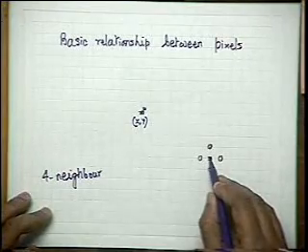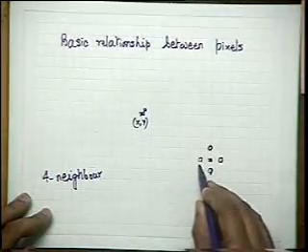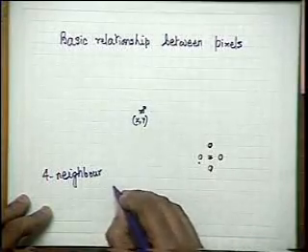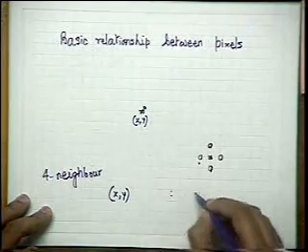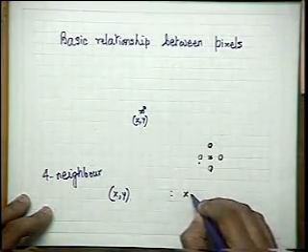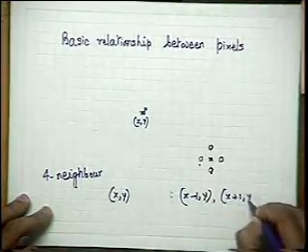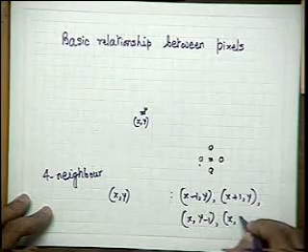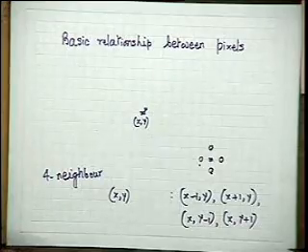In terms of coordinates, for the pixel having coordinates x, y, its four neighbors will be the points x minus 1, y; x plus 1, y; x, y minus 1; x, y plus 1. Is that clear?